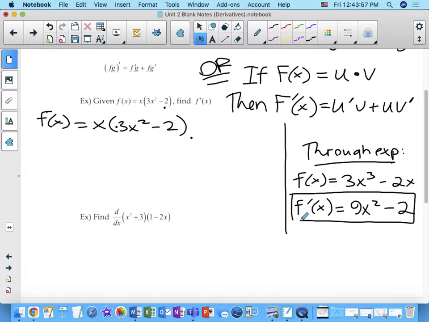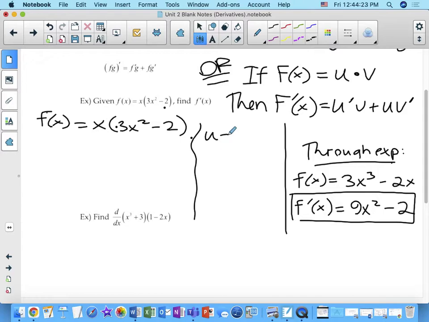Let's find the derivative also using the product rule for differentiation. So what we're going to do is say one of these two factors, because the product is x times 3x squared minus 2, is going to be u, the other one's going to be v. And I like to do that off to the side.